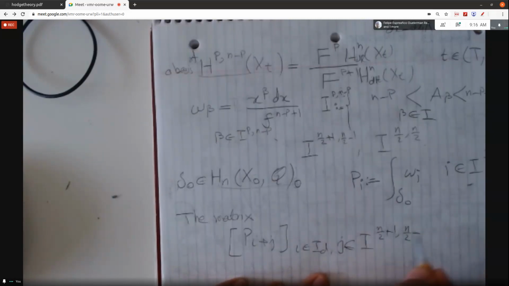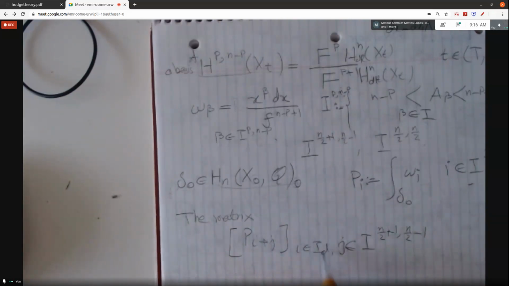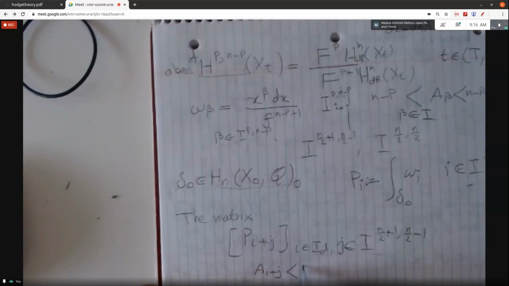No, this is the n minus. So I define this matrix. Its rows are indexed by this set, its columns are indexed by this guy. And let me explain once again. I plus G. When you make I plus G, then I plus G is in the desired domain.